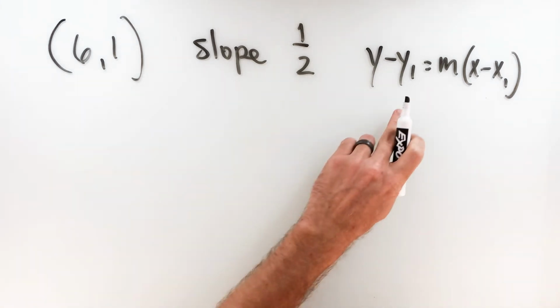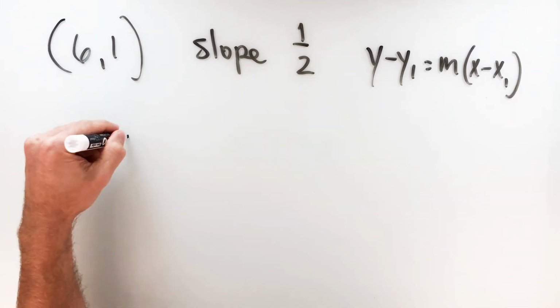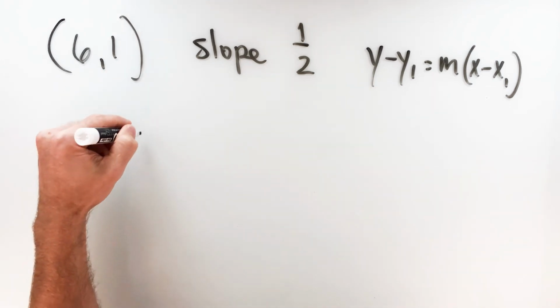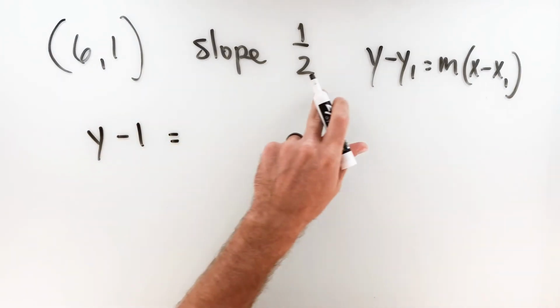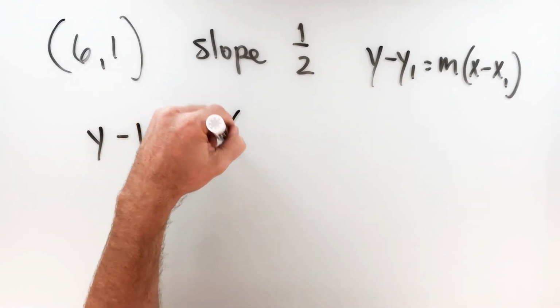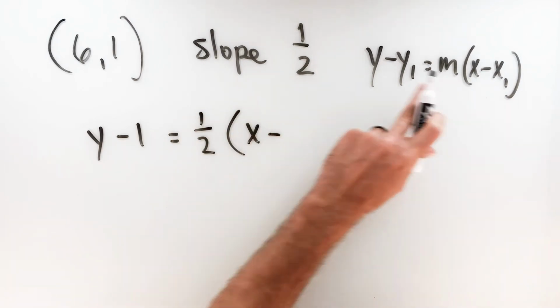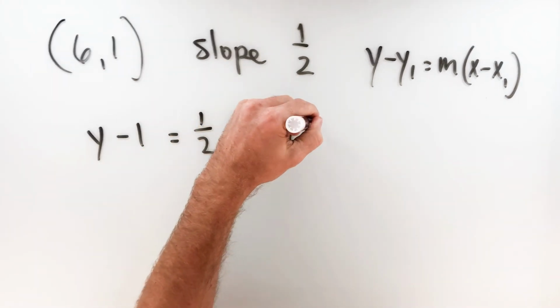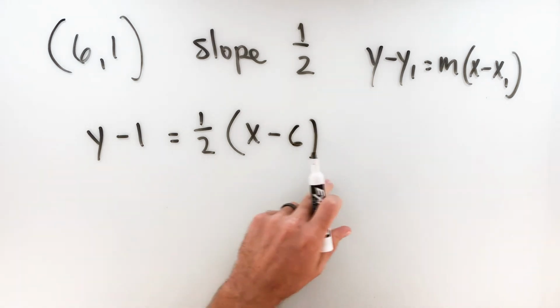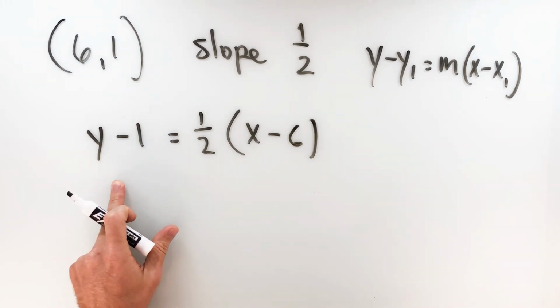But really, point slope form is pretty quick. So it looks like this: y minus the y coordinate of the point, which is 1, equals m, which is the slope, 1/2, and then parentheses x minus x1, which is the x coordinate of the point, that is 6. Okay, so we've got the equation of this line in point slope form already.